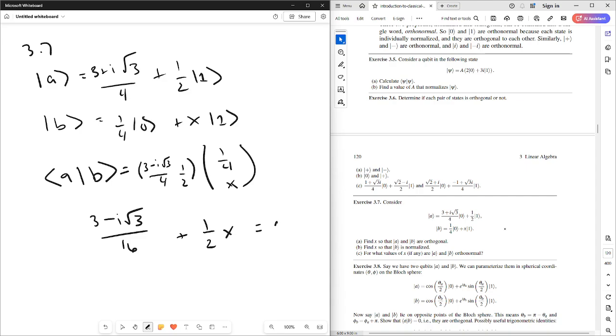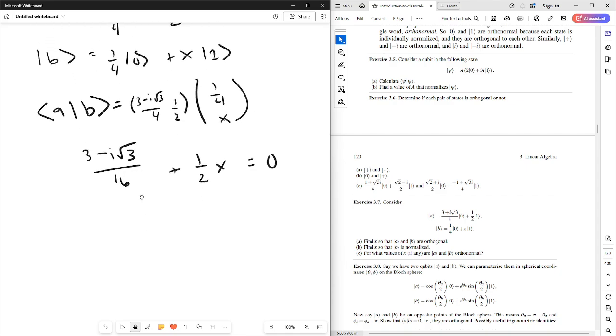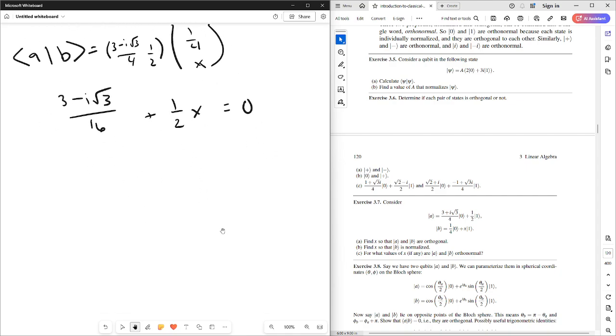And this needs to equal 0. Now we can just solve for x. First, let me combine these into one ratio here. So 16, that's 8/16. That's 11 minus i square root of 3, so equals 0.